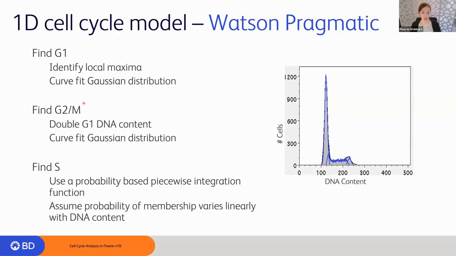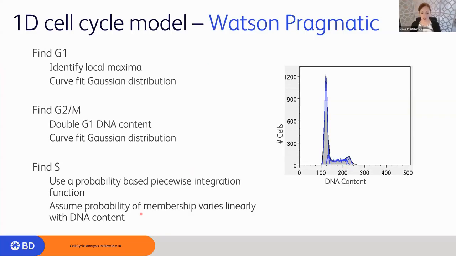Then it looks for the G2M peak by roughly doubling the content of DNA in the G1 peak. Okay, so if it identifies the G1, it starts looking at roughly twofold higher for the G2 peak, and then once again has the curve fit to fit that data to that Gaussian distribution.